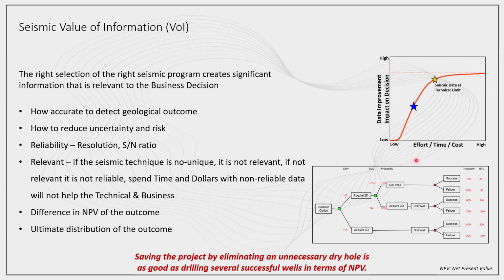This is what's called the fit to purpose tool. Again, we will have a very detailed description of the fit to purpose method during the full course of this webinar.